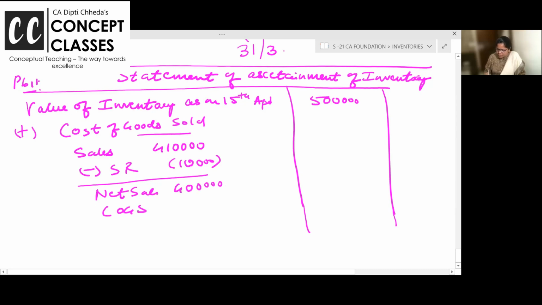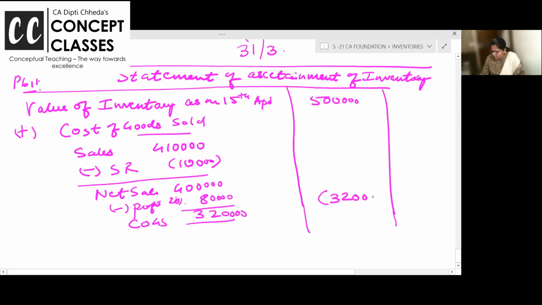What will be the cost for this? 4 lakh is the sale. And profit is 20% in the sales. So cost will be 80%. You can have directly or you can do profit 20%, 80,000. तो COGS कॉस्ट कितना होगा, 320. 320 के गुड्स minus कर दो.